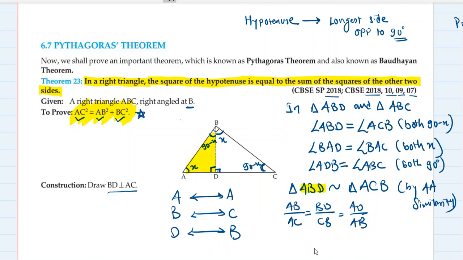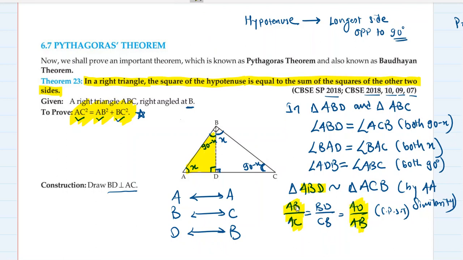Let me teach you. Out of these three ratios, which we have proved equal with the help of CPST, select those ratios in which one of the numerators and one of the denominators are equal. So if I see these ratios, I feel AB by AC and AD by AB is the right choice.